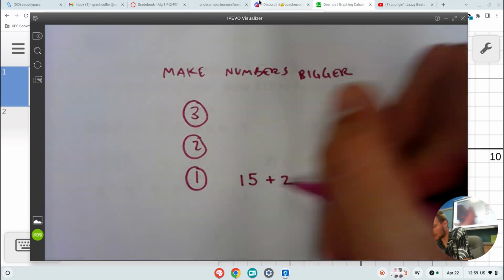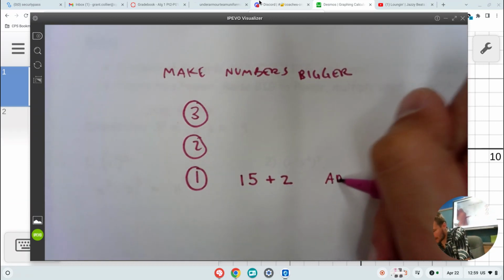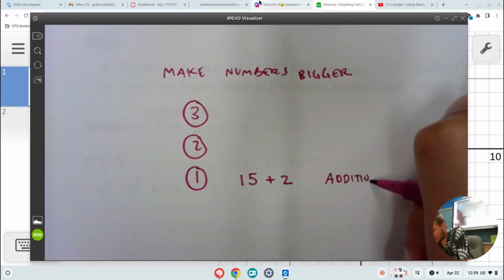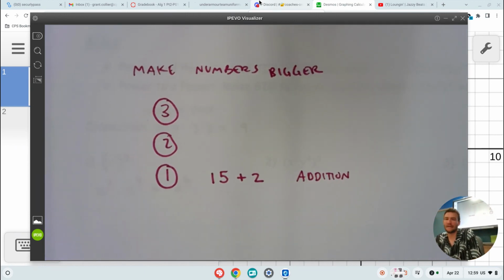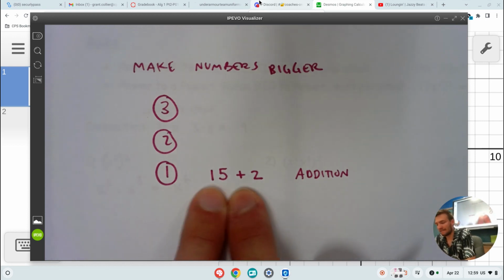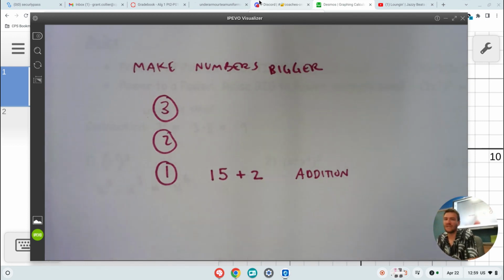This would be called addition, of course. This is how you add numbers together. And this makes numbers bigger, but it doesn't make them that much bigger, right? So for example, what is 15 plus 2? 17, right? It's only a little bit bigger.